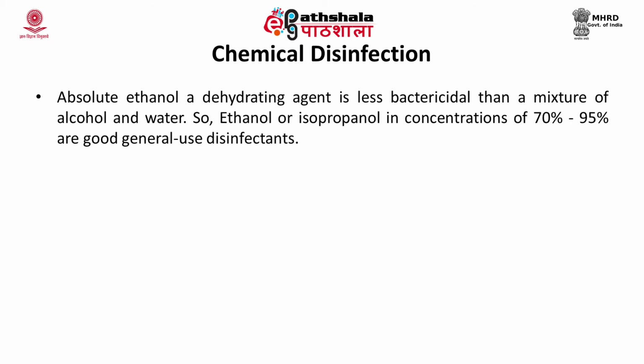Absolute ethanol is a dehydrating agent, so it has less bactericidal activity than a mixture of alcohol and water. That is why, instead of absolute ethanol, 70 to 95% volume by volume concentration of ethanol or isopropanol is used as a general disinfectant.